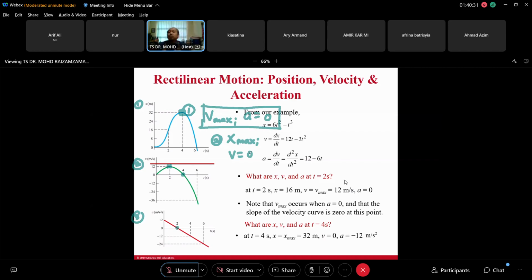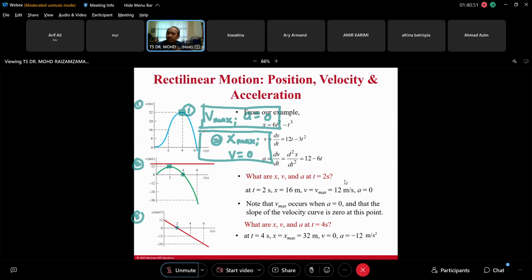Now class, you have these two. Take note of this, it's very important, otherwise you cannot determine the motion of a particle. Number one is Vmax when A is 0. Number two is Xmax when velocity is 0.